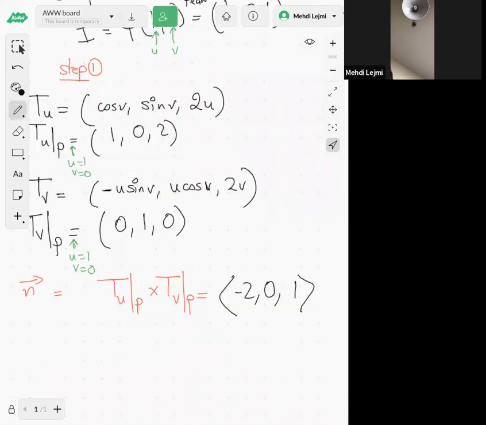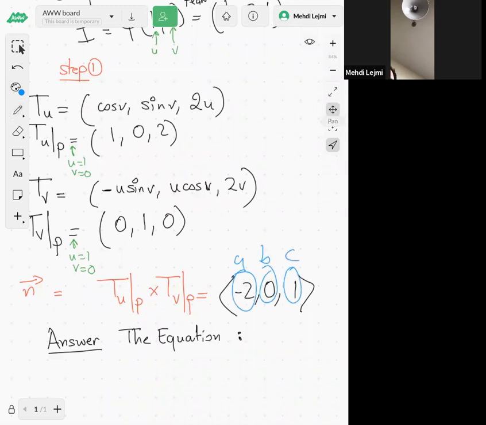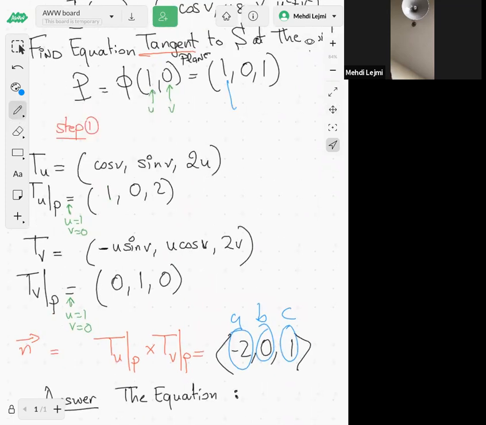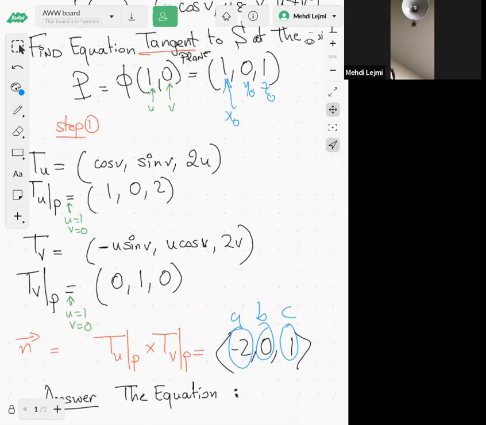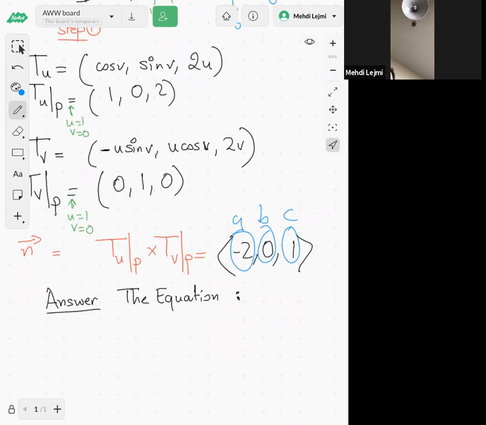And so the answer, the equation of the tangent plane to the surface S at the point P. This is my A, this is my B, this is my C. And here are x0, y0, and z0. So A(x minus x0) plus B(y minus y0) plus C(z minus z0) equals 0.